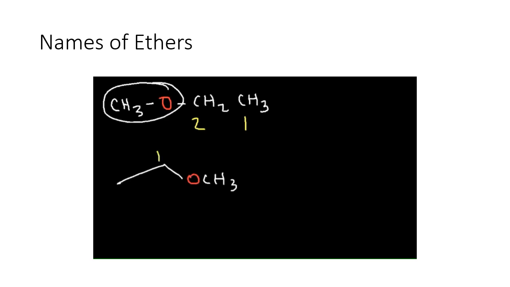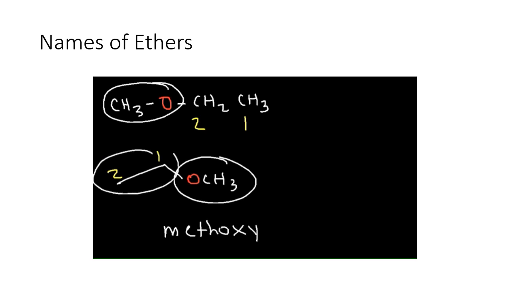So notice that on carbon 1, we have this group, which is called a methoxy group, as a substituent. So it's 1-methoxyethane, or simply methoxyethane. The ethane is the parent chain of the 2 carbons on the left. So this is the IUPAC name for this particular ether.